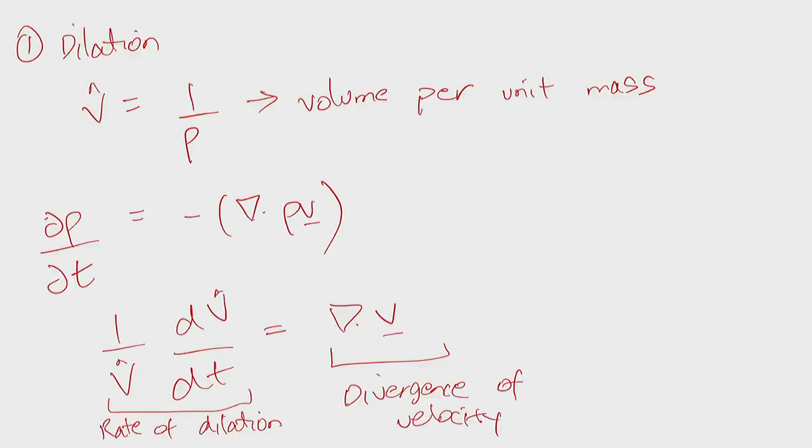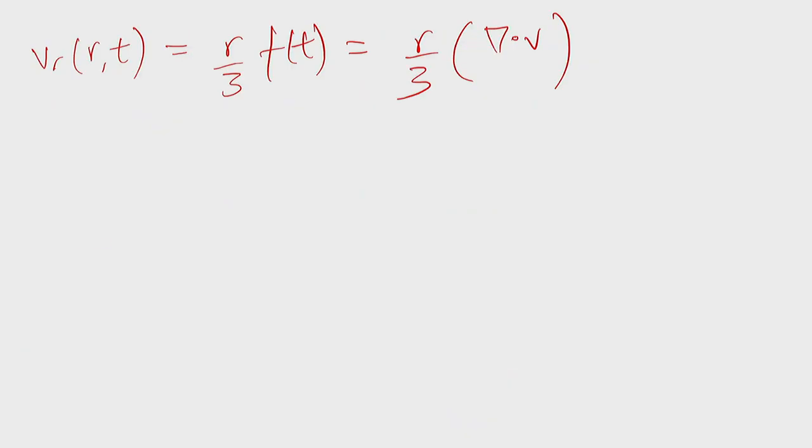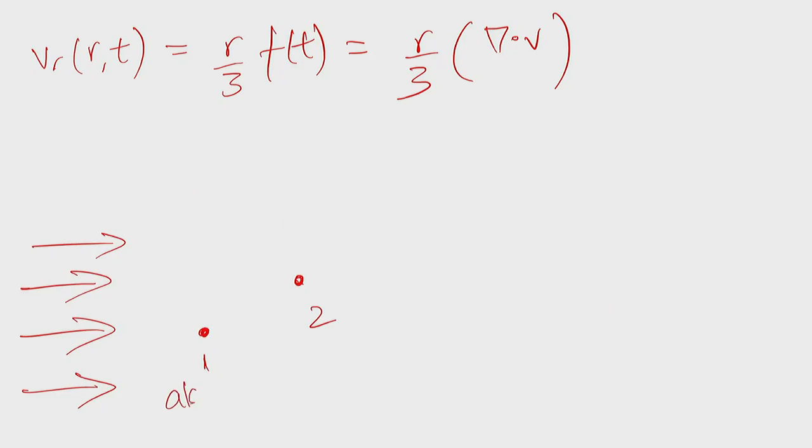If instead we considered a velocity field like so, in which we still have the same two material points, 1 and 2, except that now we consider 1 to also be the origin.